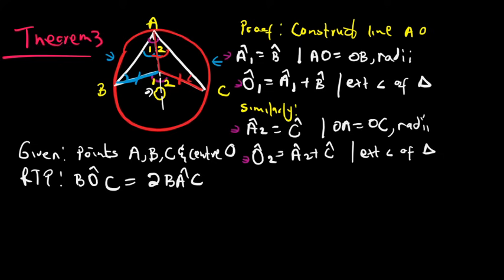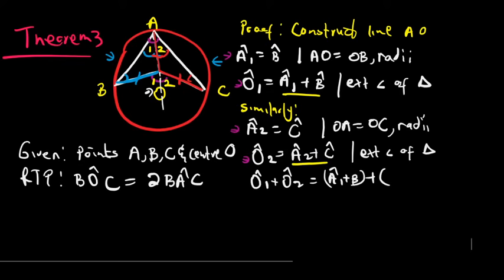So how about now we combine: angle O1 plus angle O2 equals to, so what is O1? O1 is this one here, which is angle A1 plus B, right? Close the brackets, plus, what is O2? O2 is this one here, which is angle A2 plus C, right?